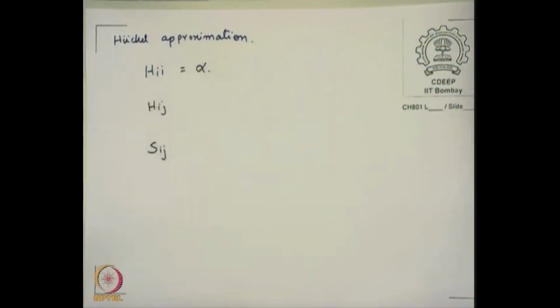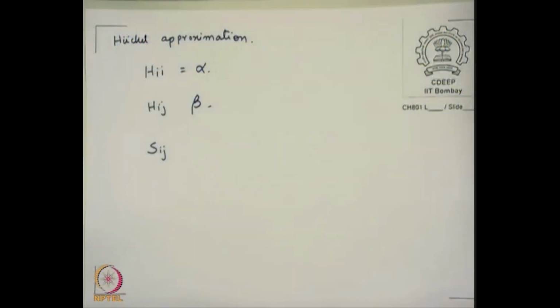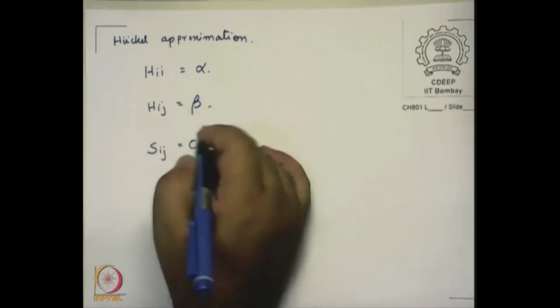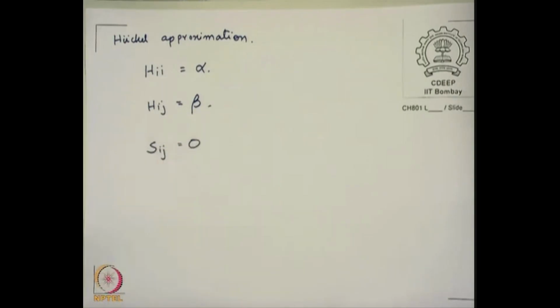Hii is called alpha, and in fact, alpha is said to be 0 in our calculation. What about Hij? That is called beta. And what about Sij? Sij is equal to 0. Is it always 0? When is it not 0?